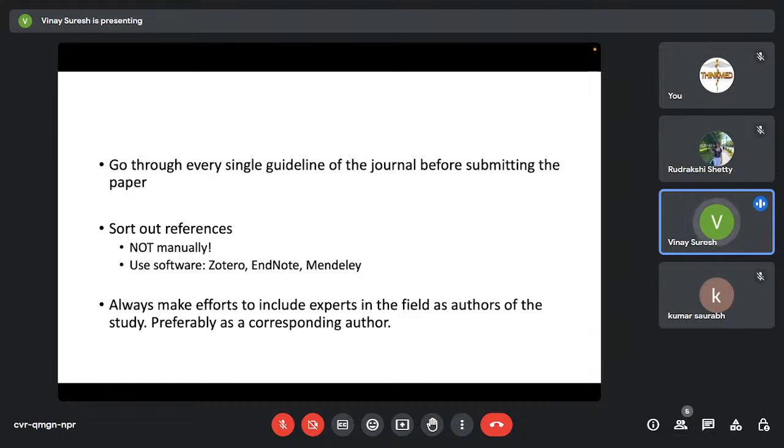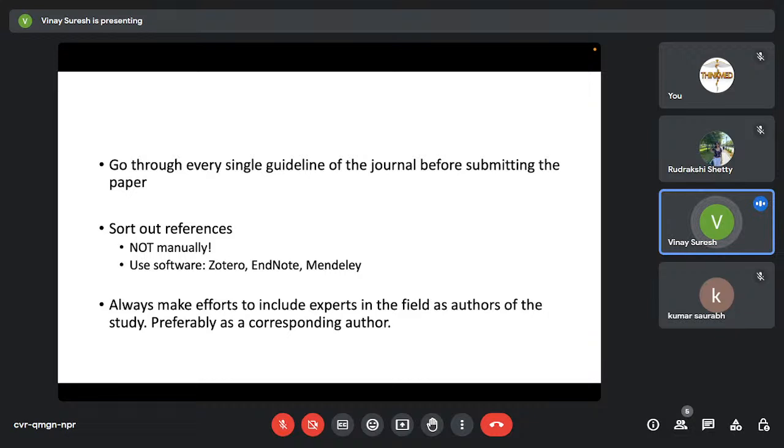And one more thing is to make efforts to include experts in the field as authors in the study. This is something I'm telling out of experience, preferably as a corresponding author, in fact. So please invite experts in the field. It could be people from departments in your college, it could be professors. Invite them to review your paper, to go through it and submit it as a corresponding author, because that's how academia works, right?